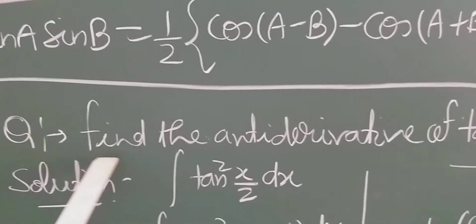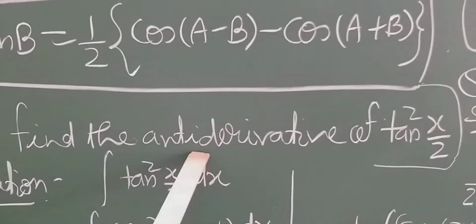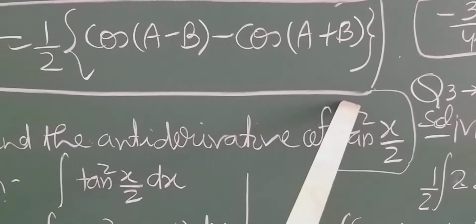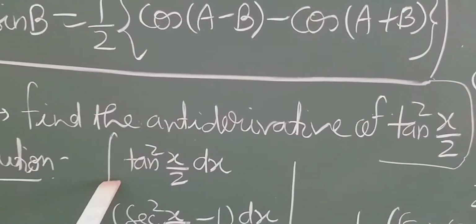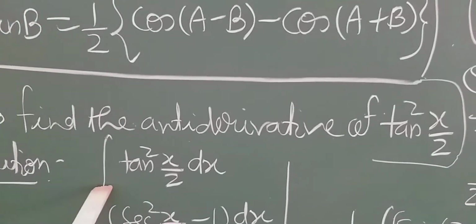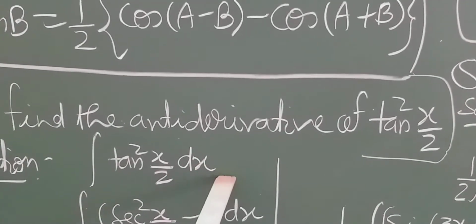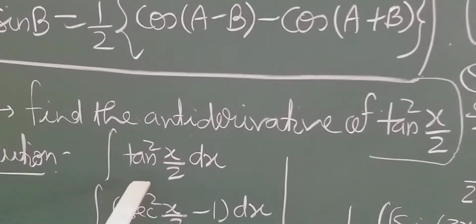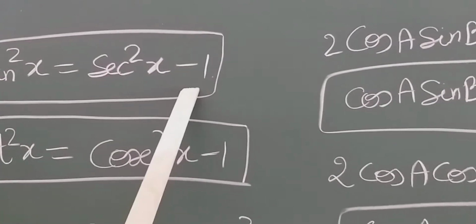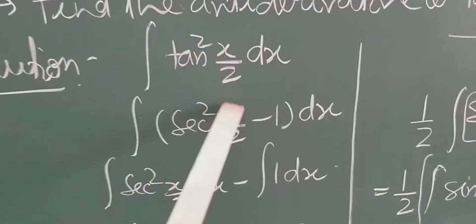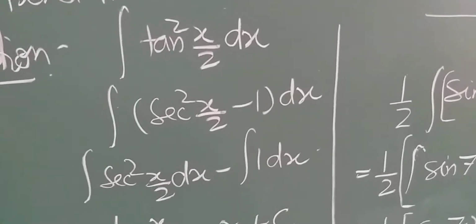Question number 1: find the antiderivative of tan square x by 2. So this is the integration sign, tan square (x by 2) dx. For tan square x by 2, we have to use this formula: sec square (x by 2) minus 1, dx.